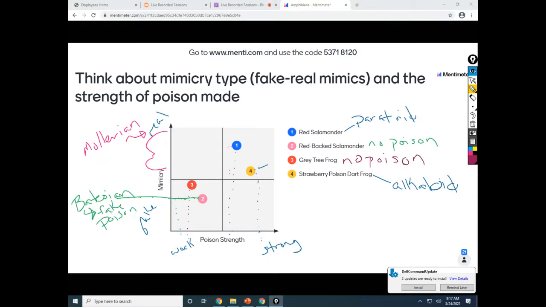Is our great tree frog mimicking being poisonous? No, right? So we would almost imagine our great tree frog being even further down this list, right?